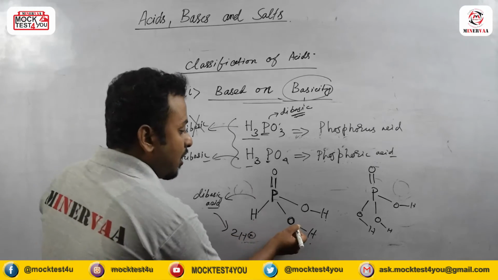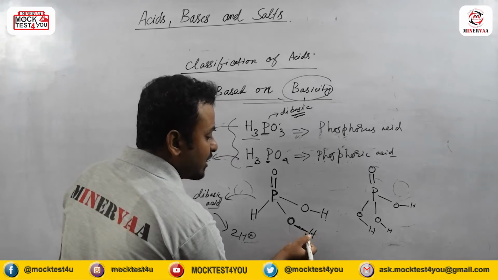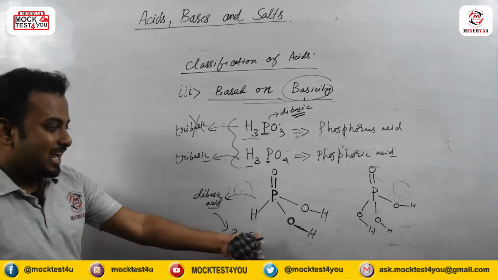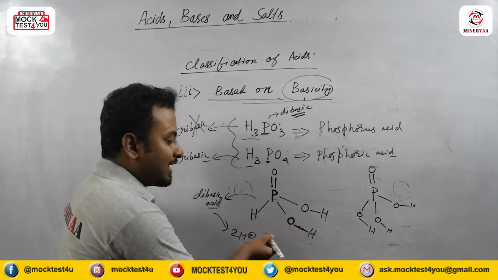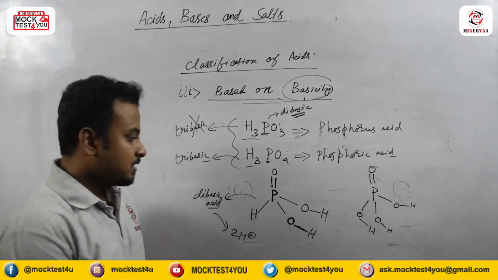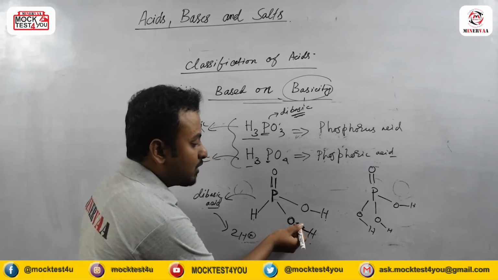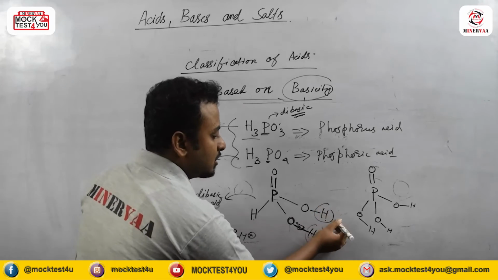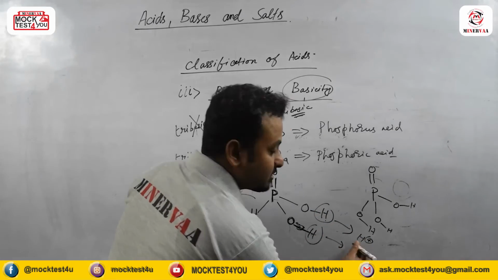I already told you in chemical bonding, in polar covalent bonds, the more electronegative element will tend to take away the electron pair towards itself. So it will withdraw this electron pair towards itself and it will become very easy for these 2 H to get released as H plus, right?